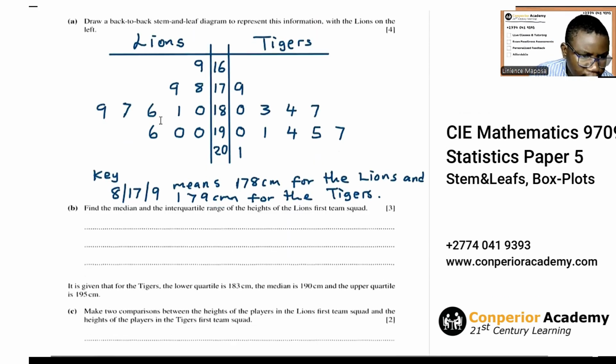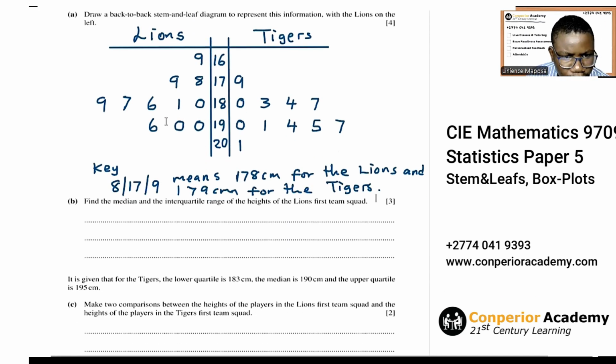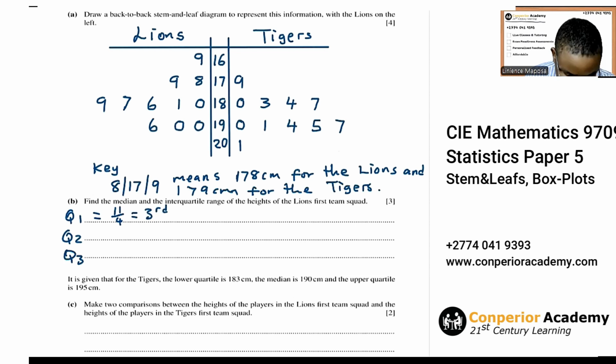Okay, so then after that, you are required to find the median and the interquartile range for the heights of the lions' first team. So for the lions, which means on the left, once again, I need Q1, Q2, Q3. And I have 11, so 11 divided by 4 gives me 2.75, which means I need the third value.